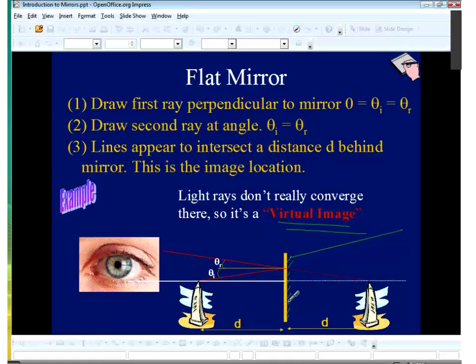So for a real object, the image is virtual at the same distance, same size. Taking more rays is completely optional.